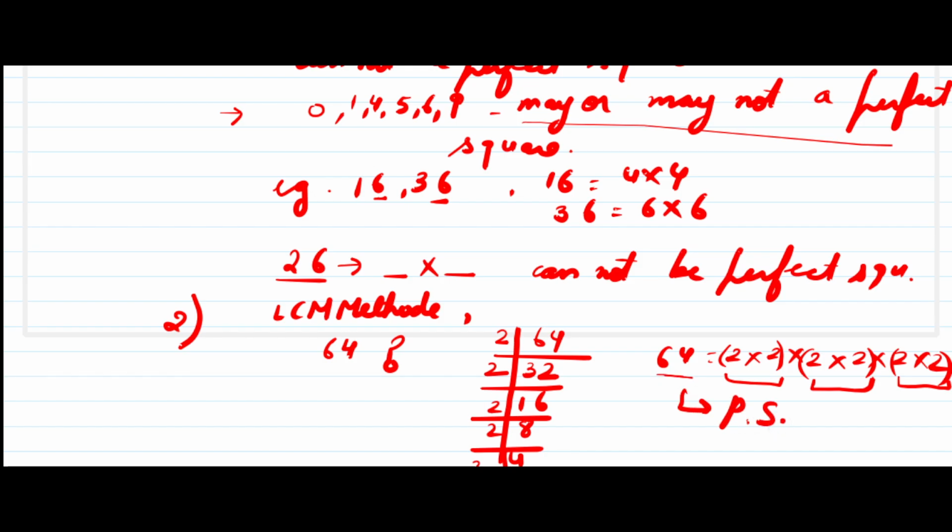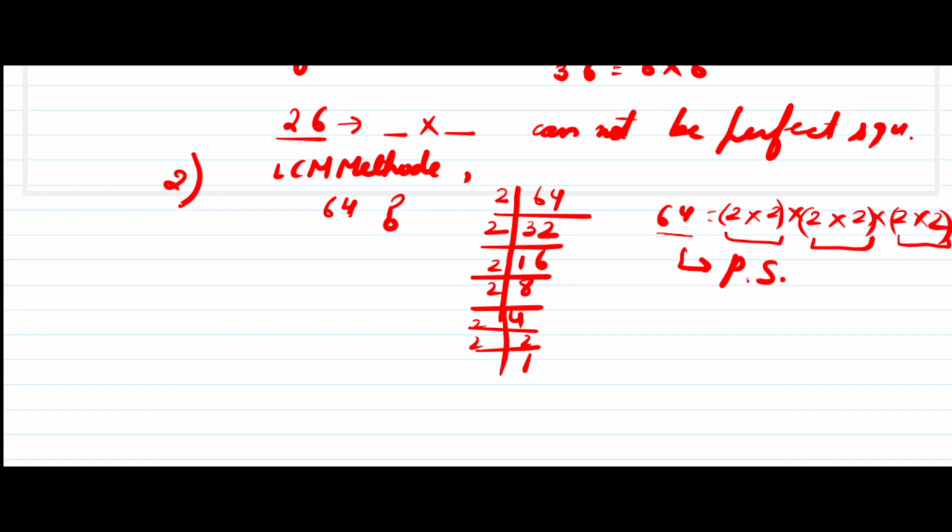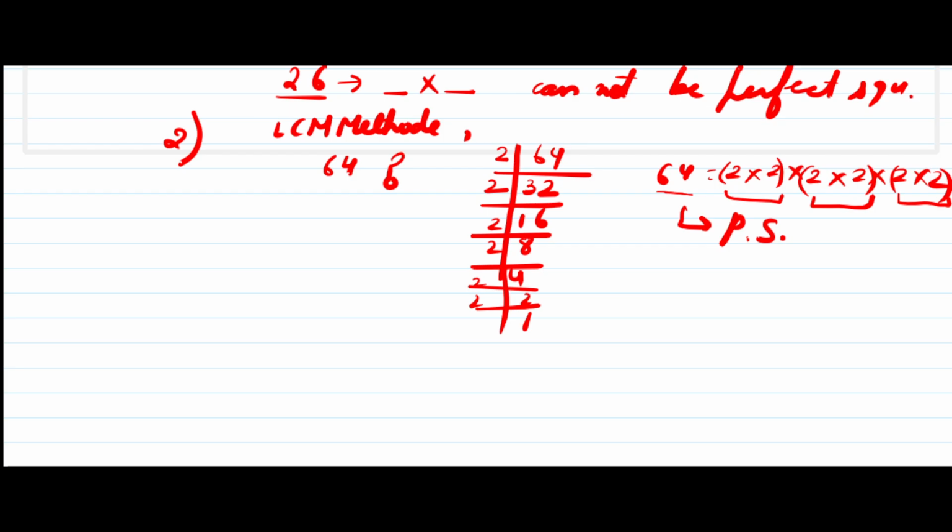So by the LCM method, we can find out whether the given number is a perfect square or not. When any number is left out, like 1331, the prime factorization of this is 11 into 11 into 11, right? We have only one pair. What about this? This is left over. So this is not a perfect square. That's all. You must know this.